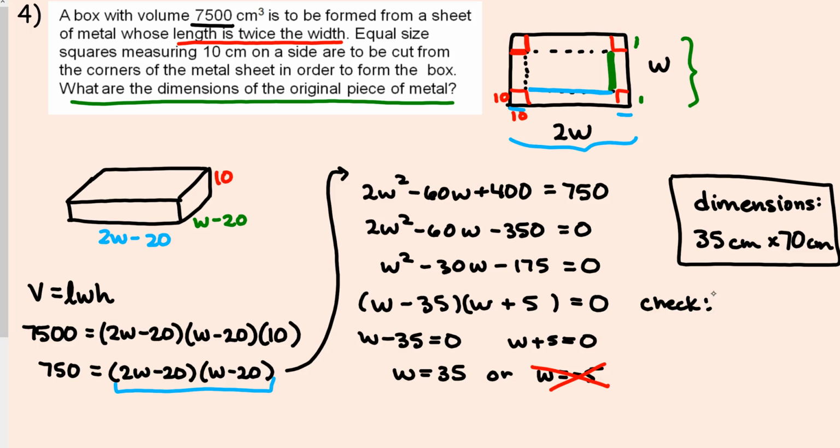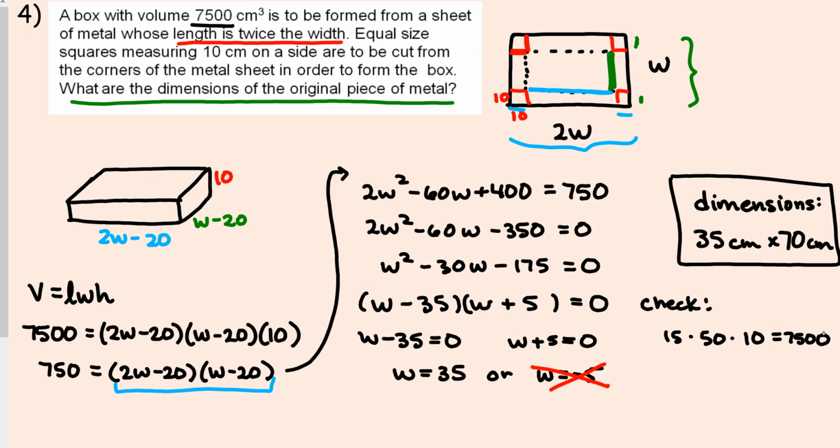When we cut the corners, the dimensions of the box are going to be, let's see, w minus 20 is going to be 15, and 2w minus 20 is going to be 50, and then the third dimension is 10, and 15 times 50 times 10 is 7,500, so it checks.